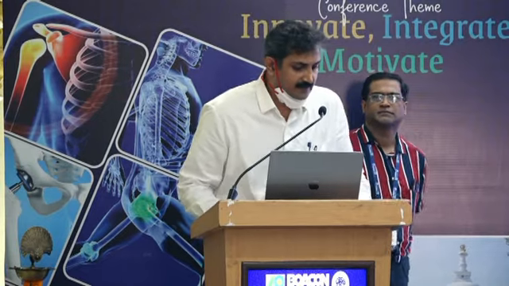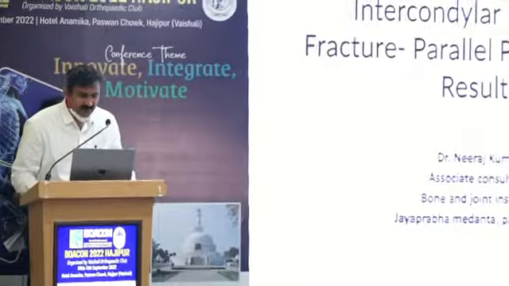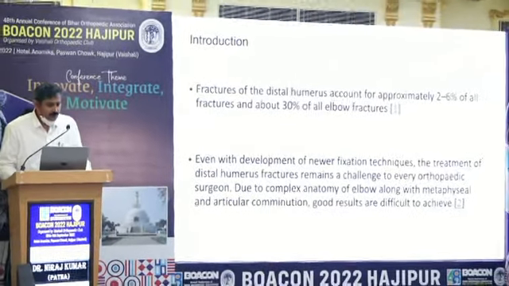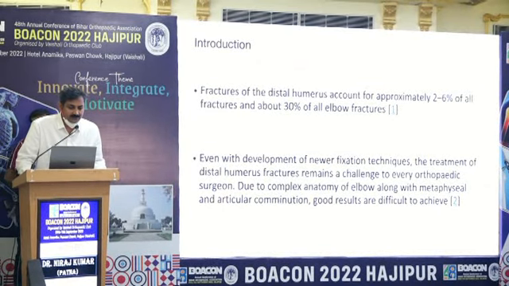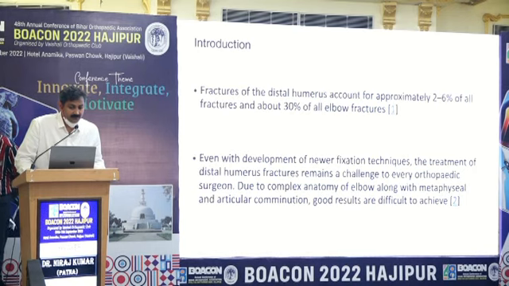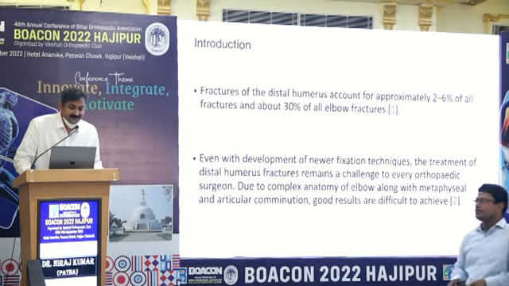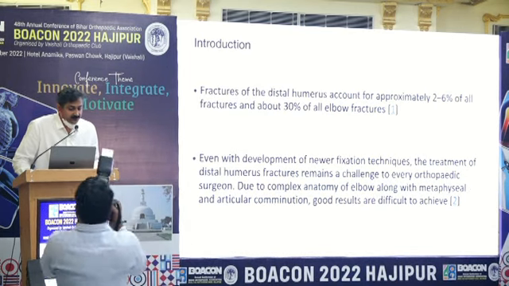Good morning everyone. This was a paper published in 2014 in JCBR, and this is actually my thesis topic. As we know, fracture of the distal humerus accounts for approximately 2 to 6% of all fractures and about 30% of all elbow fractures. Even with the development of newer fixation techniques, the treatment of distal humerus fracture remains a challenge to every orthopedic surgeon.